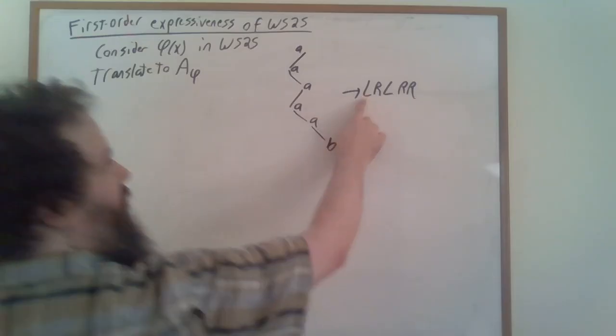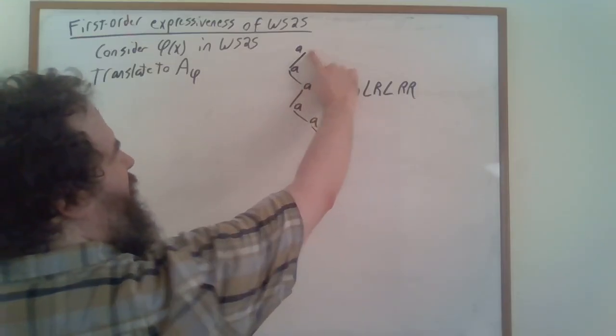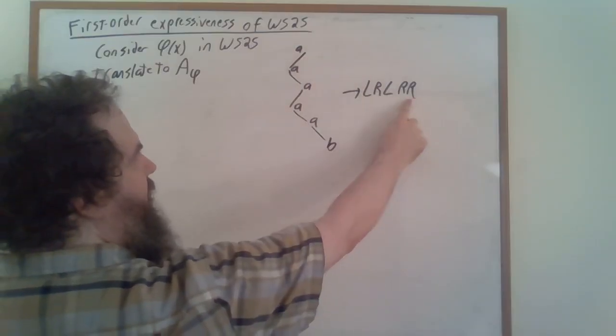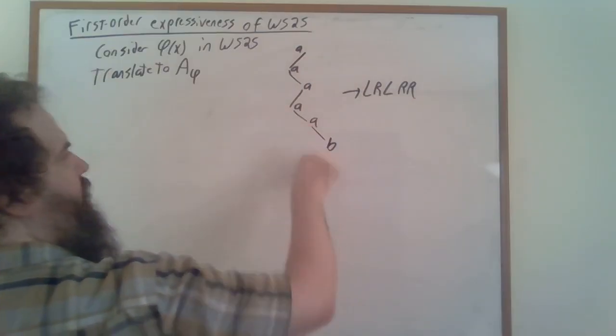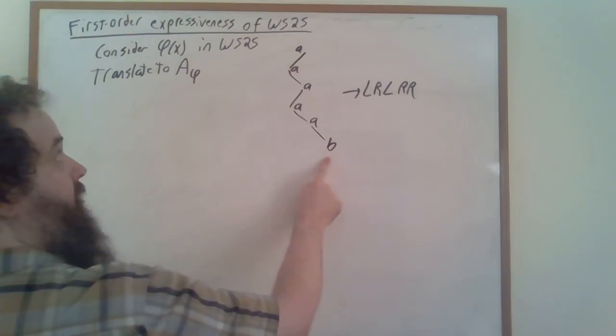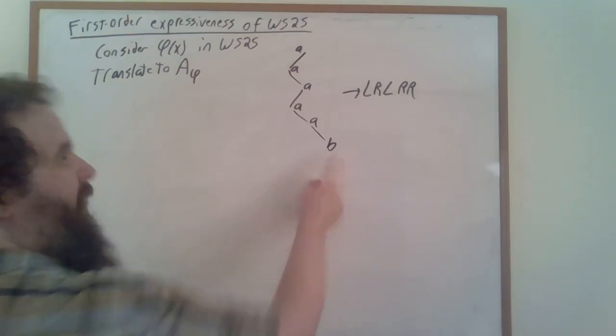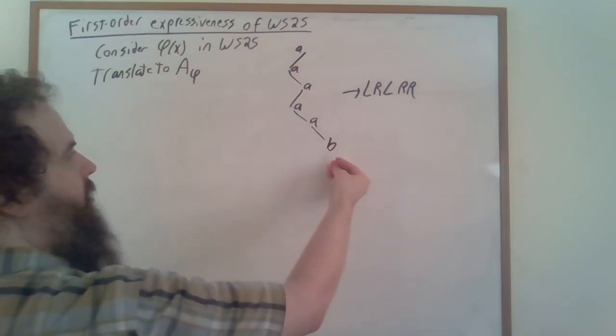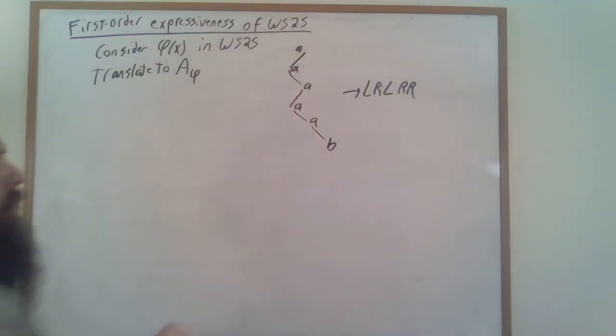And so the start of this word corresponds to the root, the direction we went at the root, and the end of the word corresponds to the direction that we went leading up to the leaf. Well, if you think about it, tree automata typically work from the leaves to the root. So it's a little bit backwards, and we just kind of have to deal with this backwardsness.